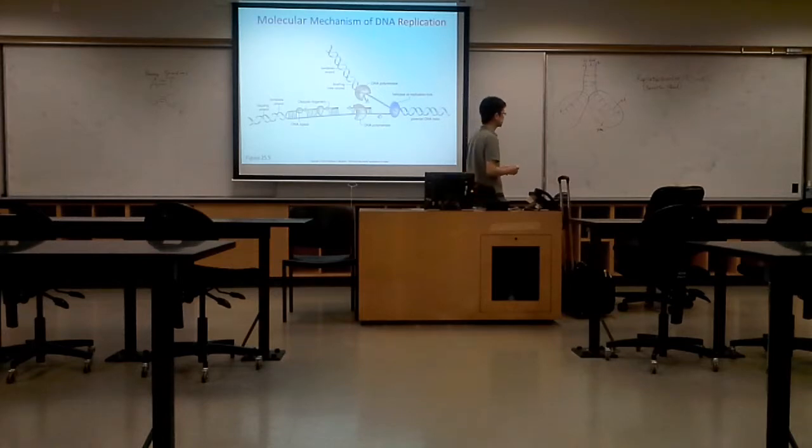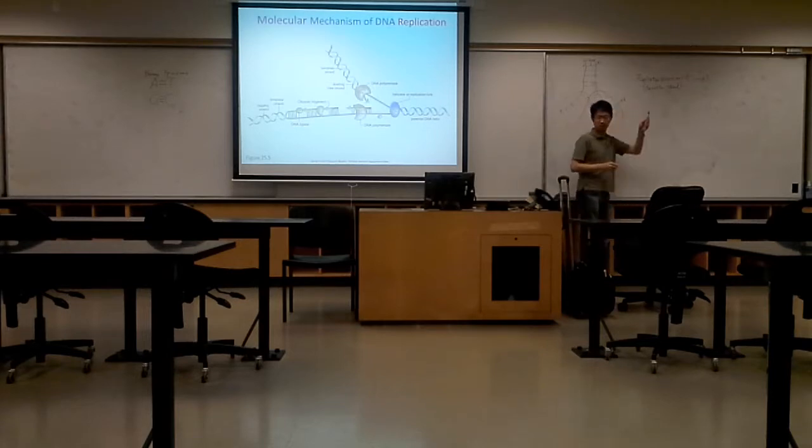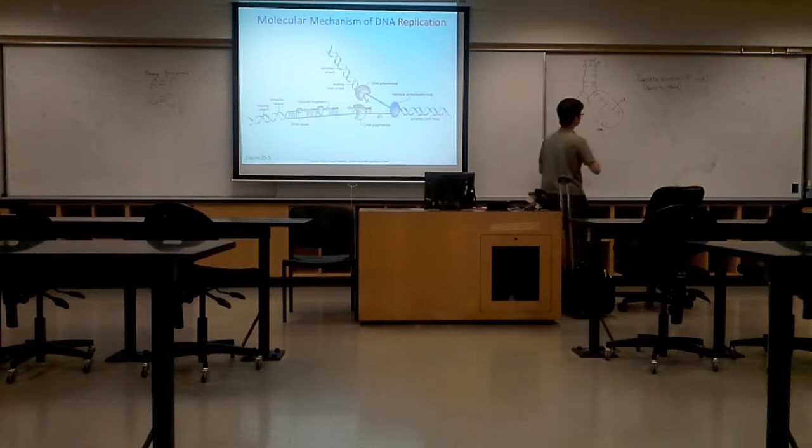And the new daughter strands will also be anti-parallel. That means this will be 5' end, this will be 3' end, and this will be 3' end, this will be 5' end. And according to this rule, the replication direction will be from 5' end to 3' end.